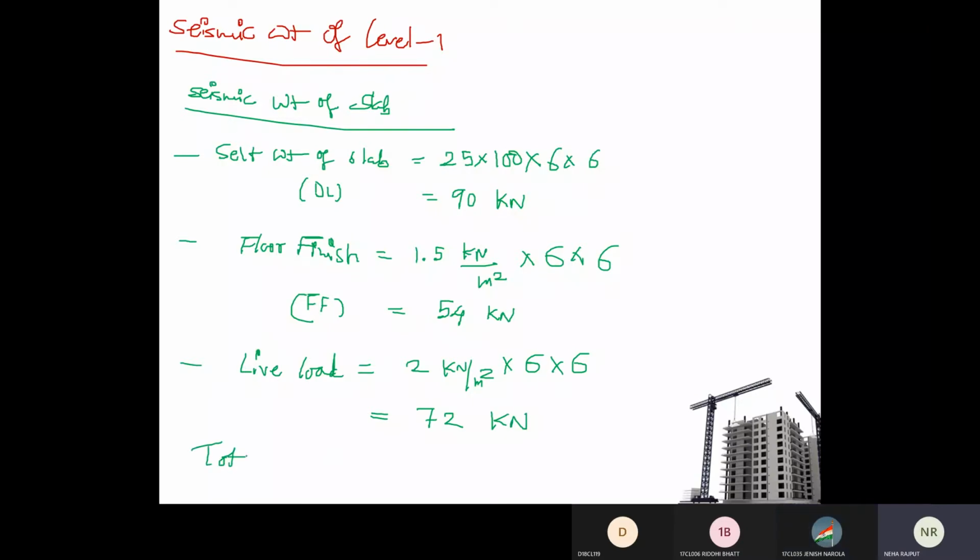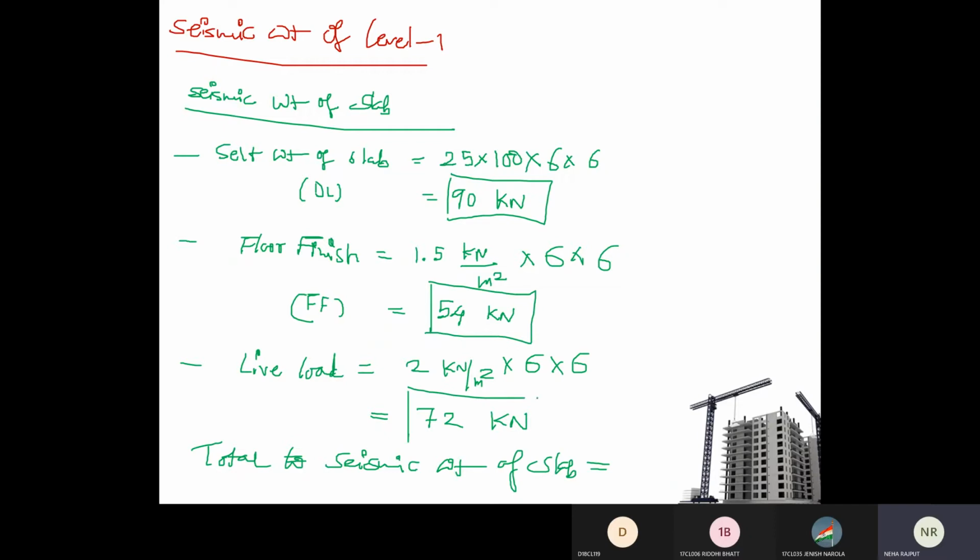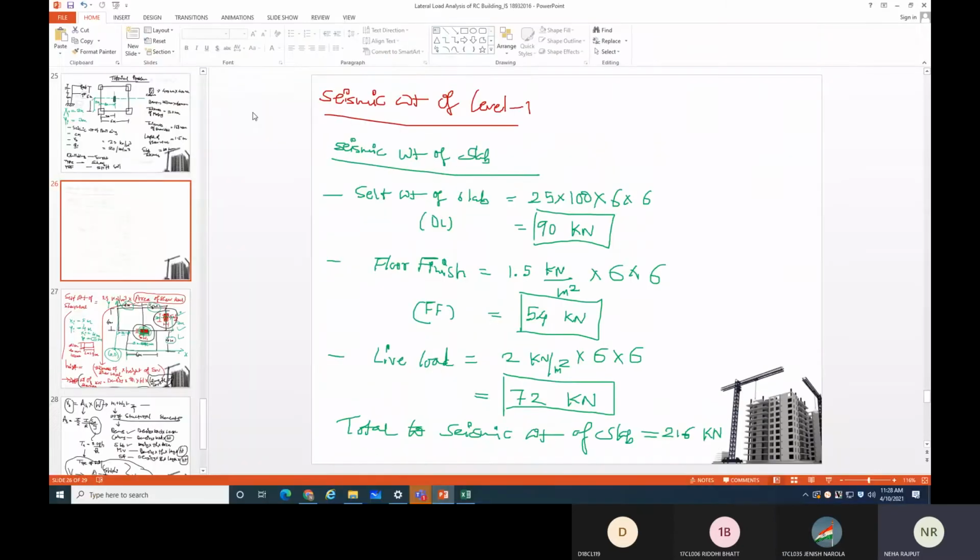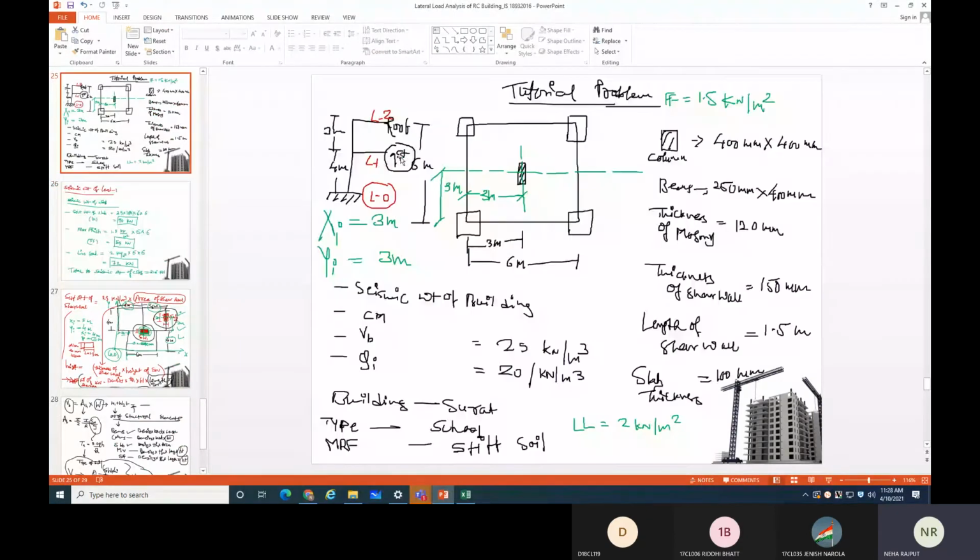So total seismic weight of slab is equal to 90 kilonewton plus 54 kilonewton plus 72 kilonewton, 216 kilonewton. So this is the seismic weight of your level 1, first floor. Right.